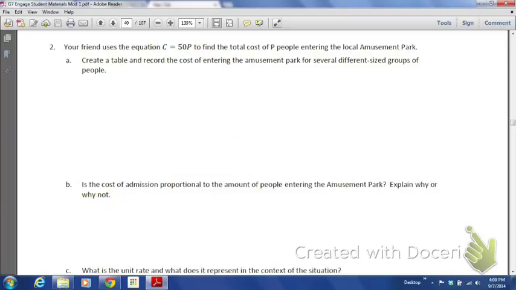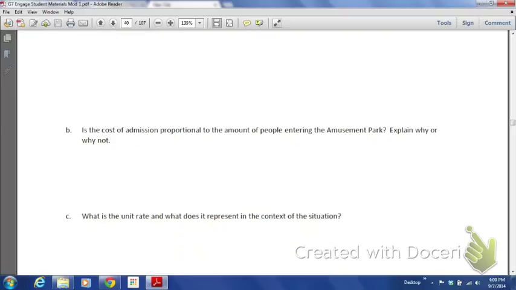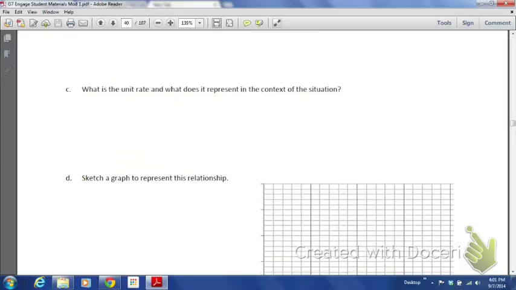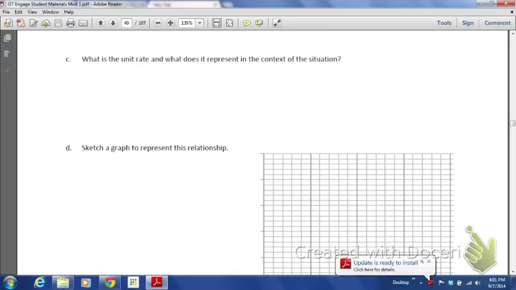And let's go down here. C: what is the unit rate and what does it represent in the context of the situation? Our unit rate, of course, is 50. And what does it mean? It means that every ticket, every person costs $50.